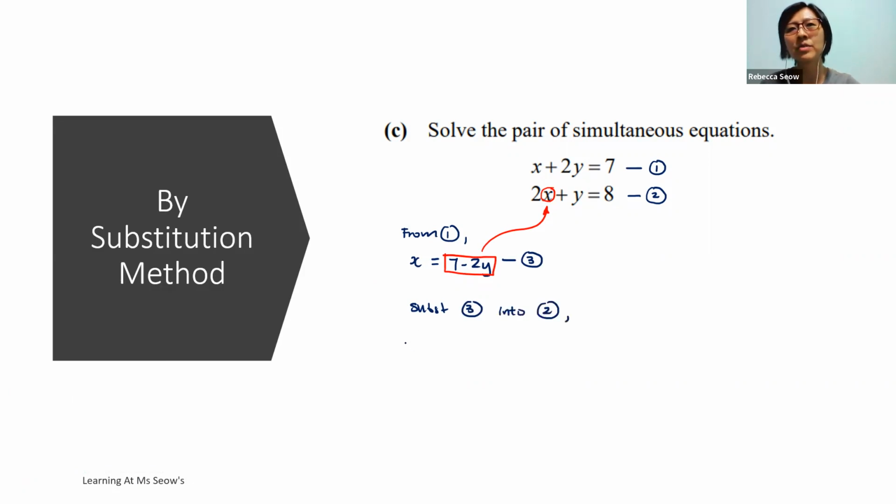So equation 2, instead of 2x, it will be 2 multiplied by 7 take away 2y, plus y equals 8. Expand the bracket, we have 14 minus 4y plus y equals 8. Simplify the y terms. Rearrange the terms. And y is 2.